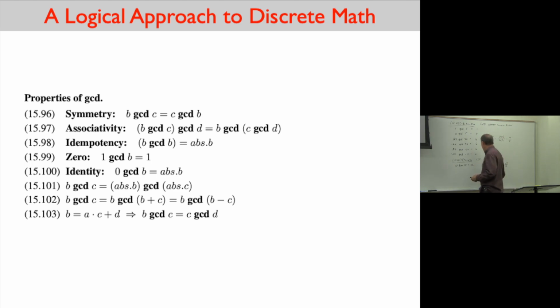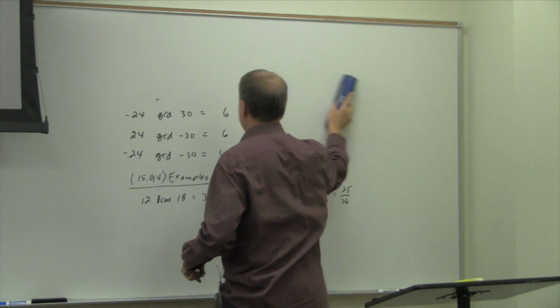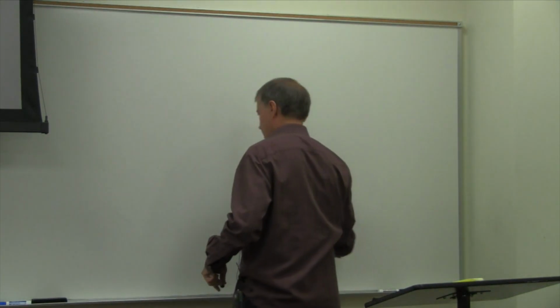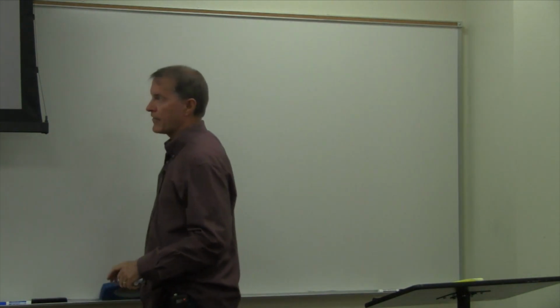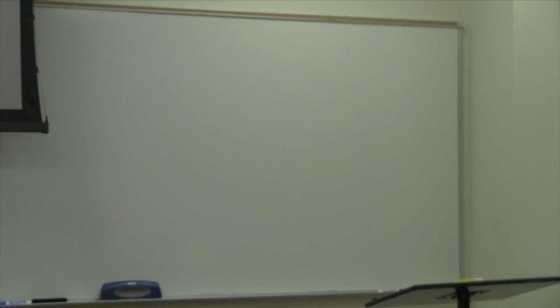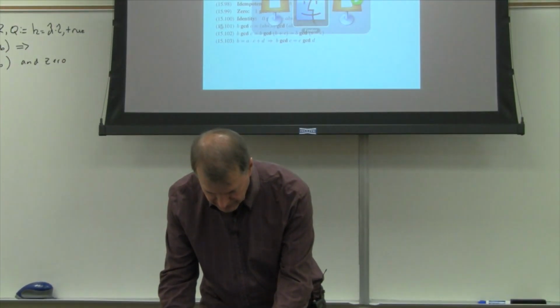Okay, now, so those are some theorems for the greatest common divisor, and those are due on Thursday. Now the next thing we're going to do is look at a famous algorithm for computing the GCD. And here it is.